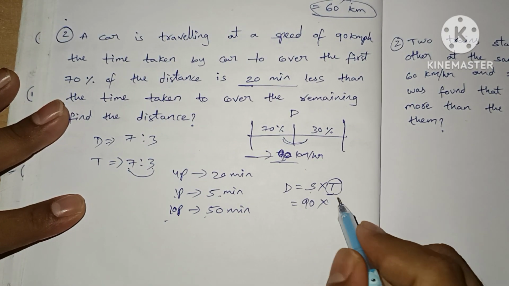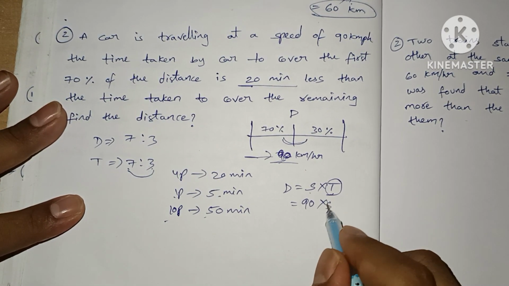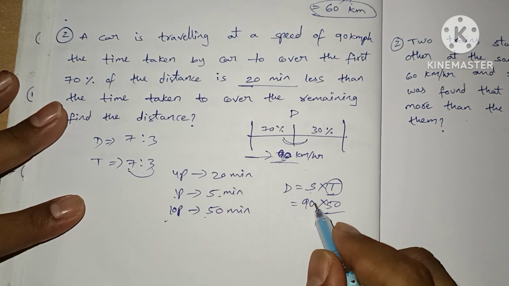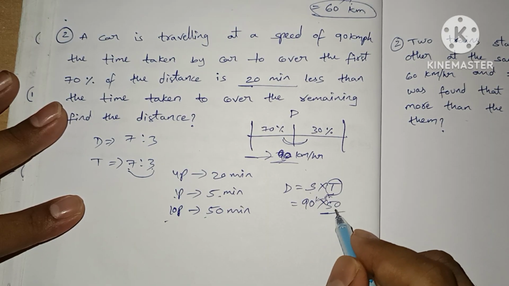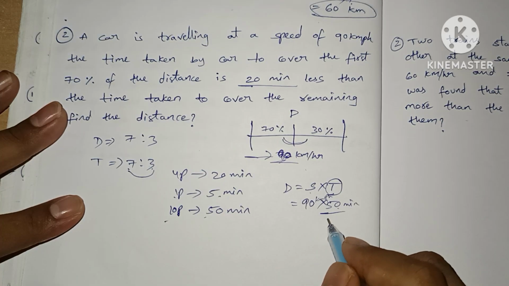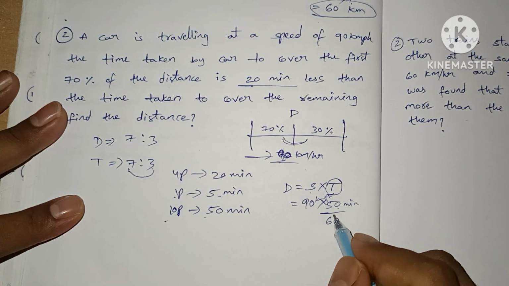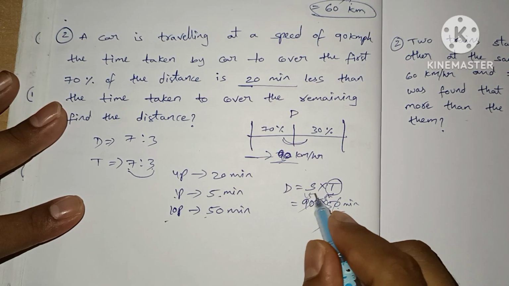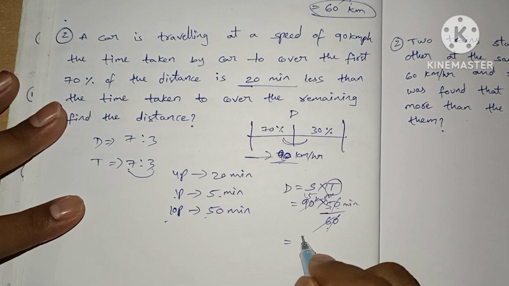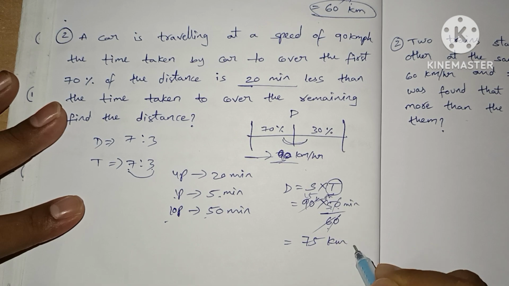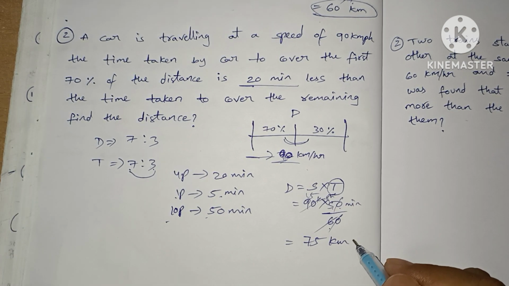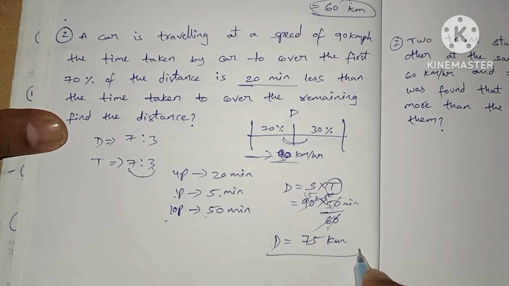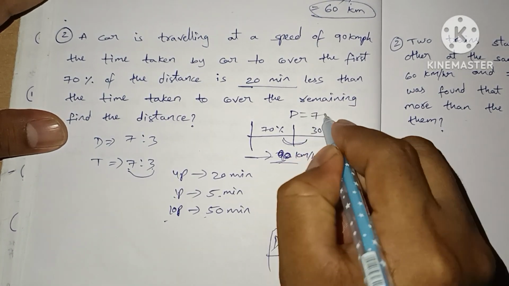So here, instead of time, we write 50 minutes, but the speed is in kilometers per hour and the time is in minutes, so we need to convert to hours. We divide by 60. 6 15 times 50, and 5 times 15 is 75. So the answer is 75 kilometers. The total distance is 75 kilometers.